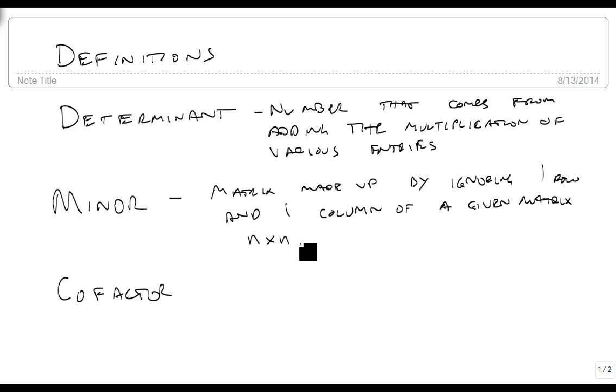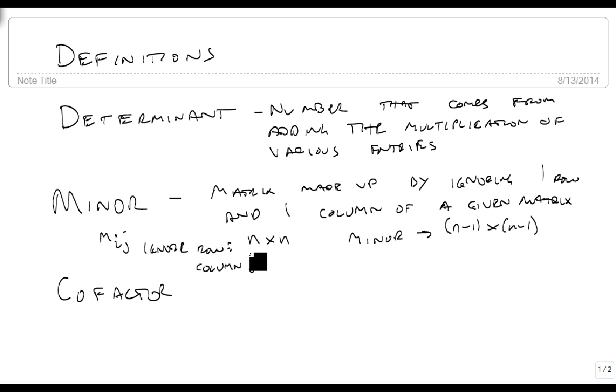If I have an m by n matrix, the minor is an n minus 1 by n minus 1 matrix, and we ignore a given row or column. There are several minors that you need to find, but you can find them by specifying which row and which column you want to leave out. This is given by M_ij, where we ignore row i and column j.